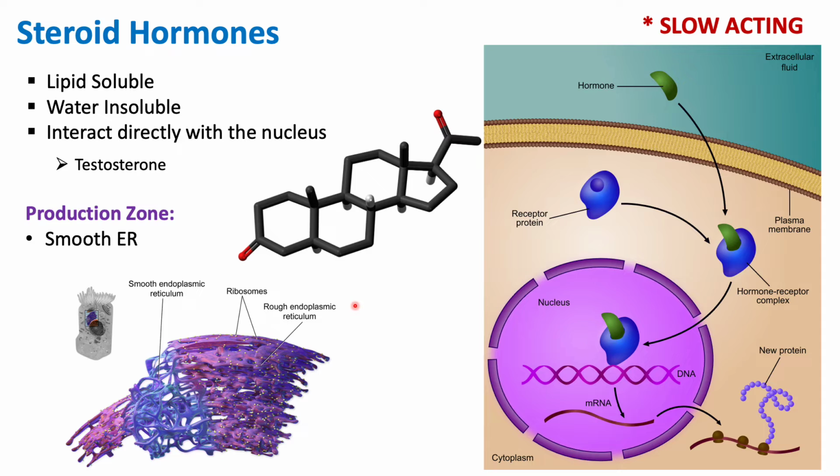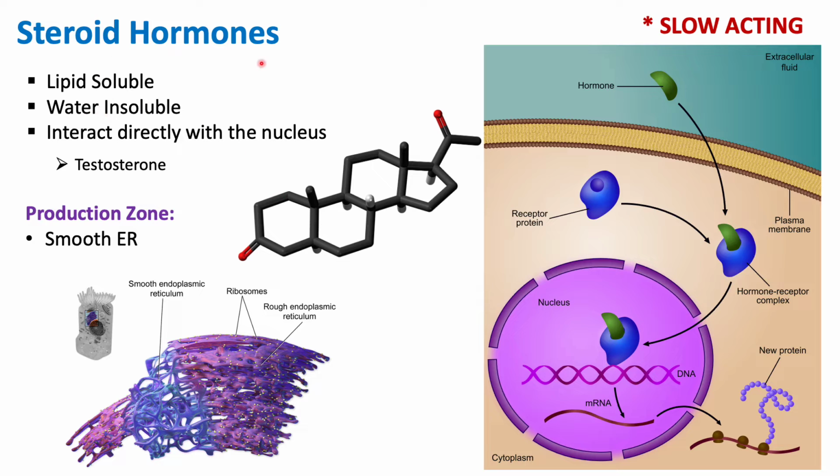Now, starting with steroid hormones, first of all, we need to understand that steroid hormones are essentially made up of lipids, and that would mean that they're lipid soluble on our cell membrane. But since they're made up of lipids, they're going to be water insoluble, because remember, if we think about lipids, we can think about fats, and we know that fats are insoluble in an aqueous environment.